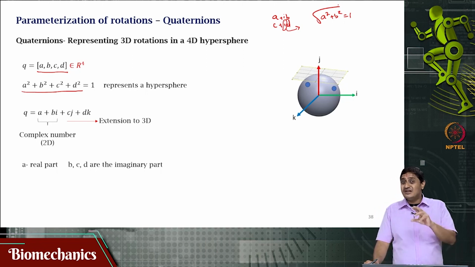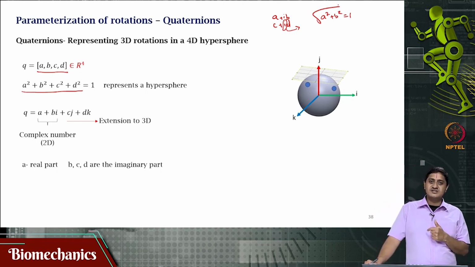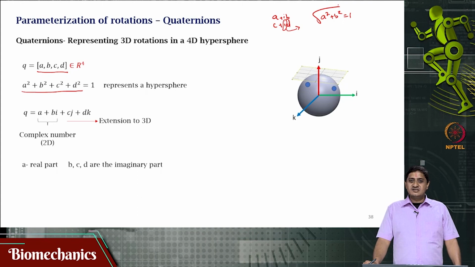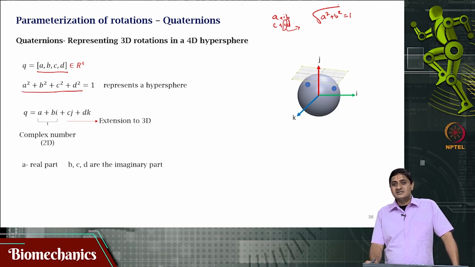Unlike Euler angles, for which you have a feel, you have an idea of what is going on, in quaternions, because this is in a 4D hypersphere, you do not have an intuitive understanding or feel. That does not mean that this is not useful or critical. This is a very useful method, but with a lot of difficulty in getting an intuitive feel for this.